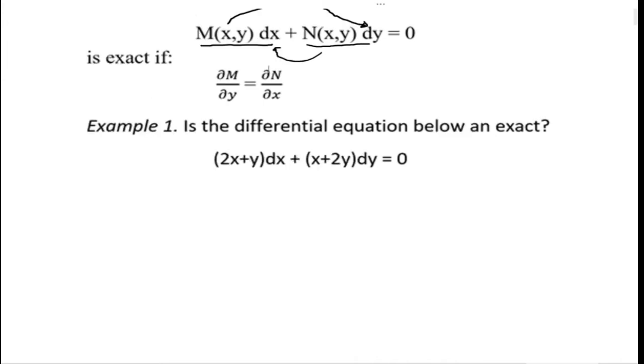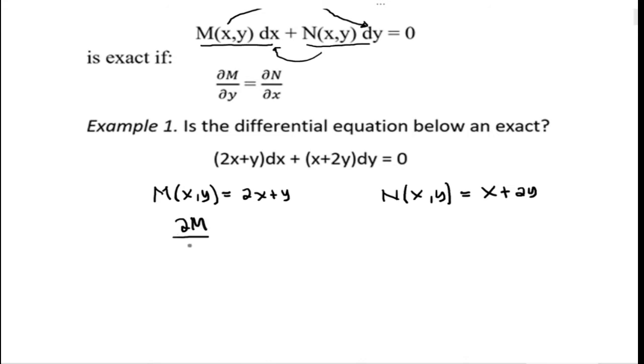Our value for M here is the algebraic expression with the dx. So that is 2x plus y. Then, our value for N is x plus 2y. We will simply get the partial derivative of M with respect to y.